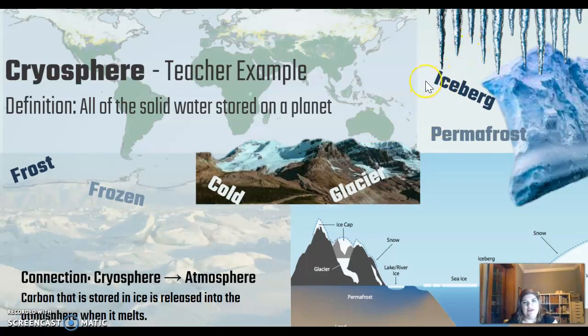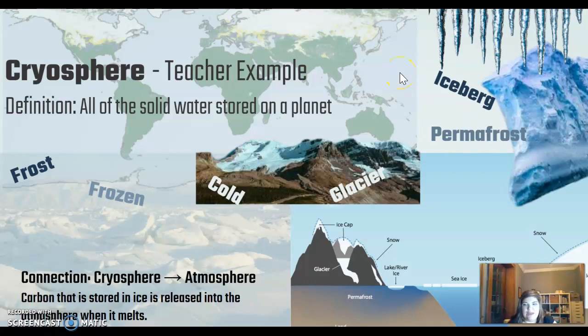Now, the cryosphere is sometimes considered one of the major spheres and sometimes not. It is basically the frozen part of the hydrosphere, so all of the frozen or solid form ice on a planet. That's your cryosphere. The connection that I made was between the cryosphere and the atmosphere.